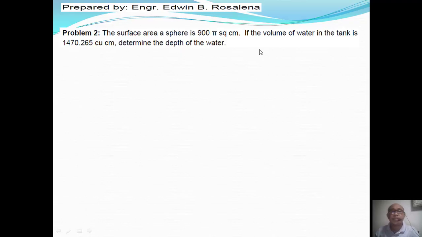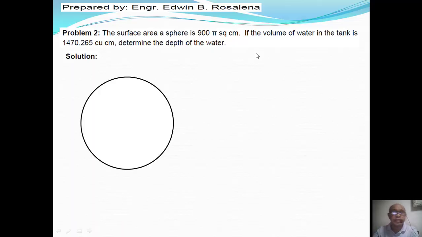Okay, so this is a spherical tank, and then we have water inside it. And the volume of water is 1,470.265. Determine the depth of the water.